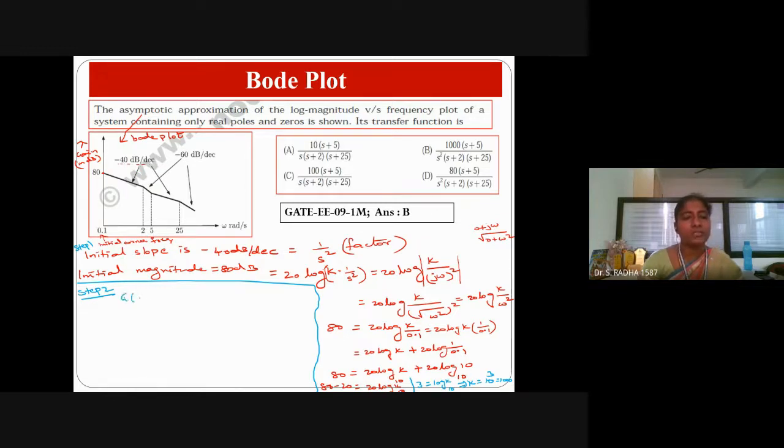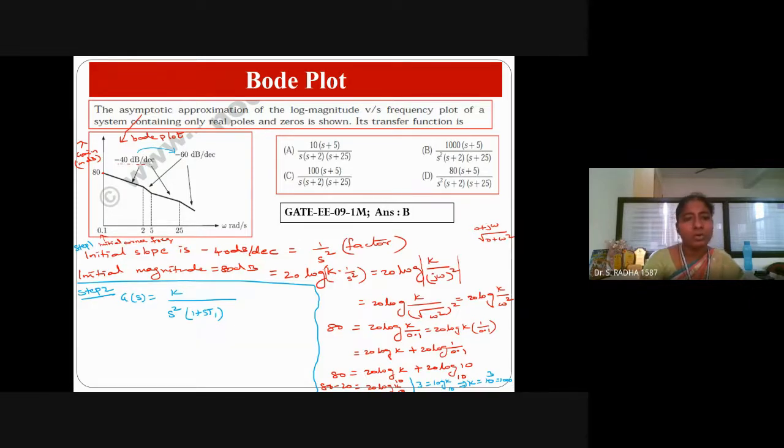So the transfer function is k divided by s square. When minus 40 changes to minus 60, one more denominator factor is there, 1 plus st1. From minus 40 to minus 60, one more minus 20 is added. So that is given by a first order factor in the denominator, so I am adding a first order factor in the denominator.